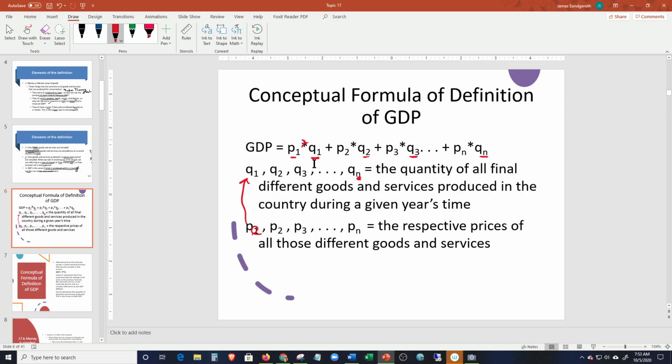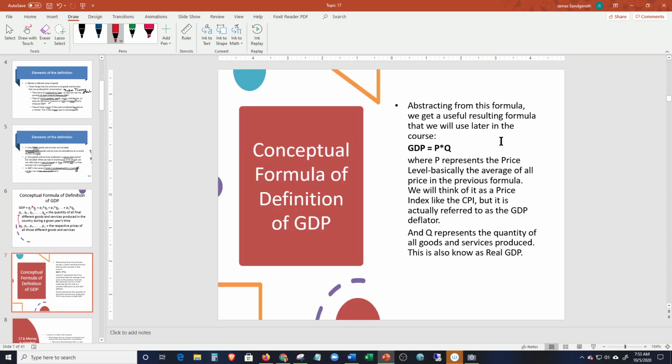And we're going to use this equation in a little more simple version. And that would be this. For those of you taking, I guess, vector calculus, this might make more sense to you that each of these is a vector of prices and a vector of quantity.